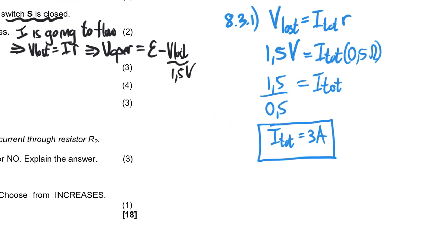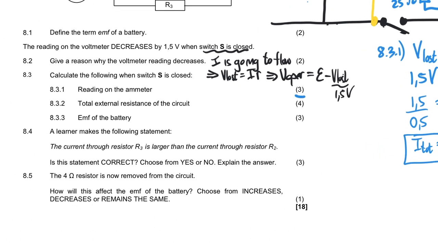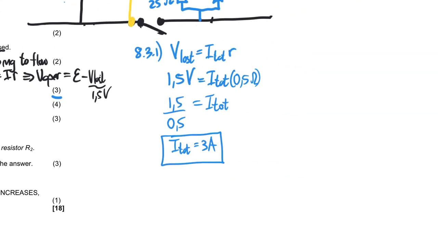And if we look at the mark allocation, it's 3 marks. So with confidence we can say 1 mark for the formula, 1 mark for the substitution, and 1 mark for the current, the actual answer. I would like to just mention subscripts.